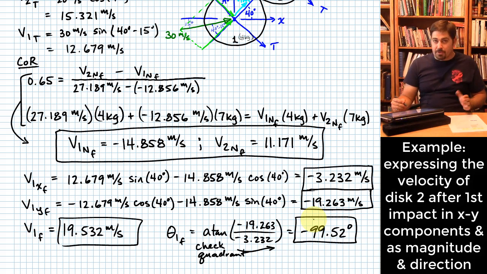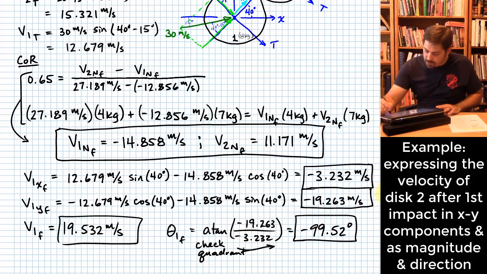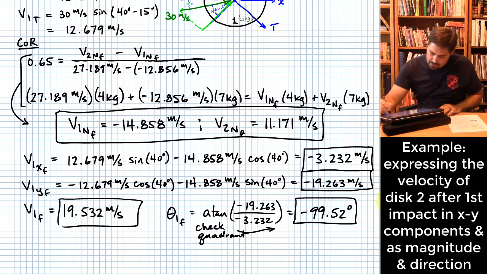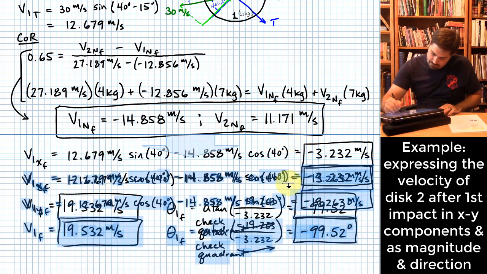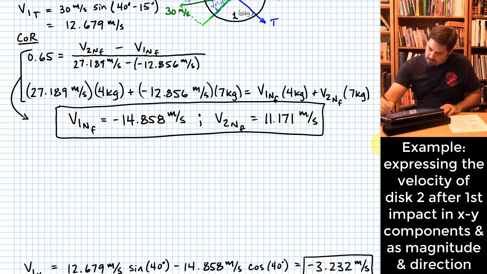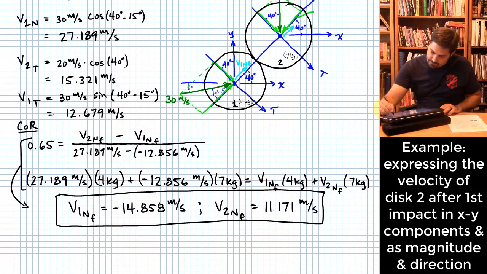What else were we supposed to do? Well, we were supposed to try to find the final velocity of disk 2 as well. Why don't I slide some of this down, and I'll do that right in here.